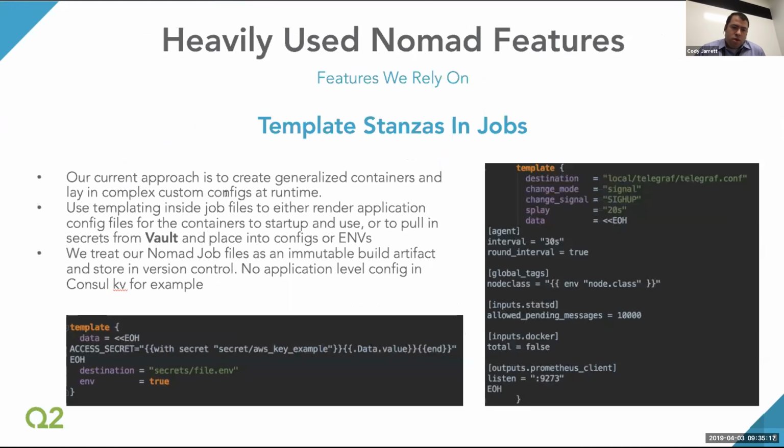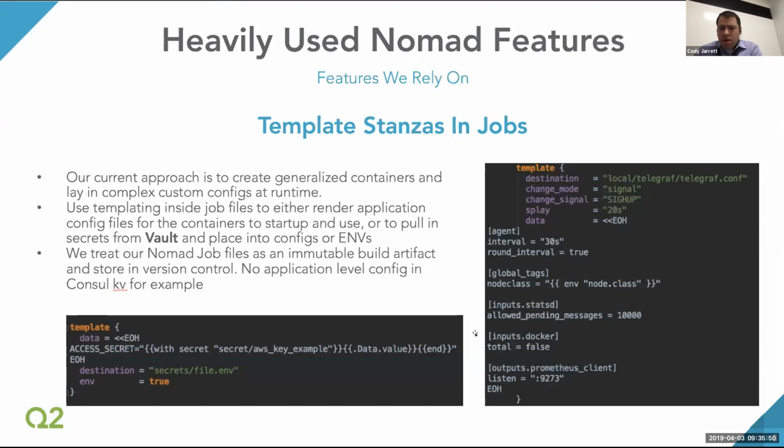We use templating inside of job files, and we treat our job files as an immutable build artifact and store that in version control. We don't have application configs living inside of, say, Consul KV or anything like that. We like the idea of having everything live within that job file, just to be able to version control it and whatnot.